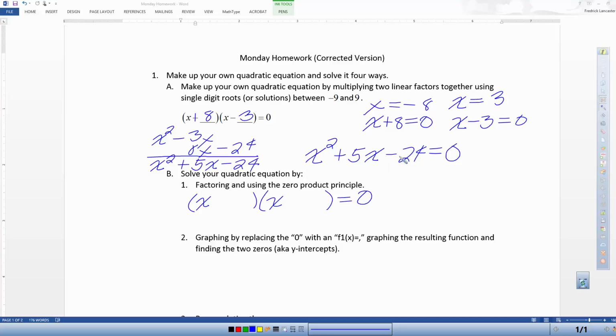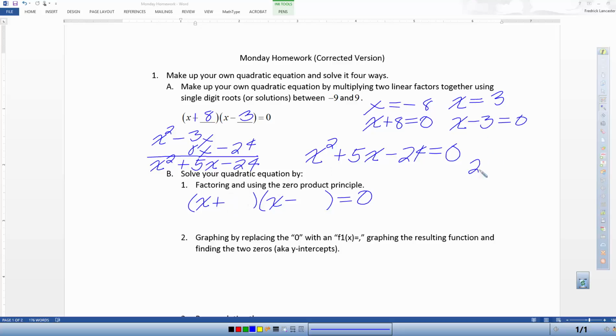Since this sign is negative, I know I have to have a plus here and a minus here. So I need to multiply two numbers that will go here and here together and get a -24. Since this middle term is positive, this has to be the bigger number. So here are my choices.